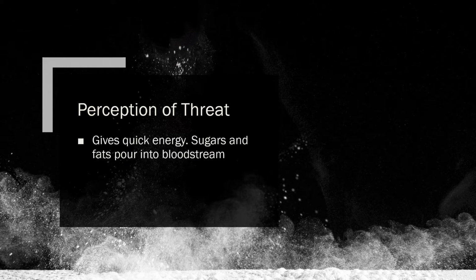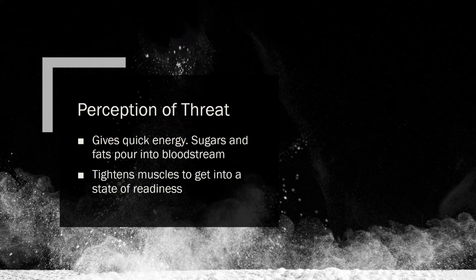Because the clients perceive some threat, whether externally or internally, the client's body starts giving quick energy, and sugars and fats start pouring into their bloodstream. And the muscles get tightened so that they can get into a state of readiness to address that source of threat. They start focusing on danger and really get into that survival mode to address that threat.